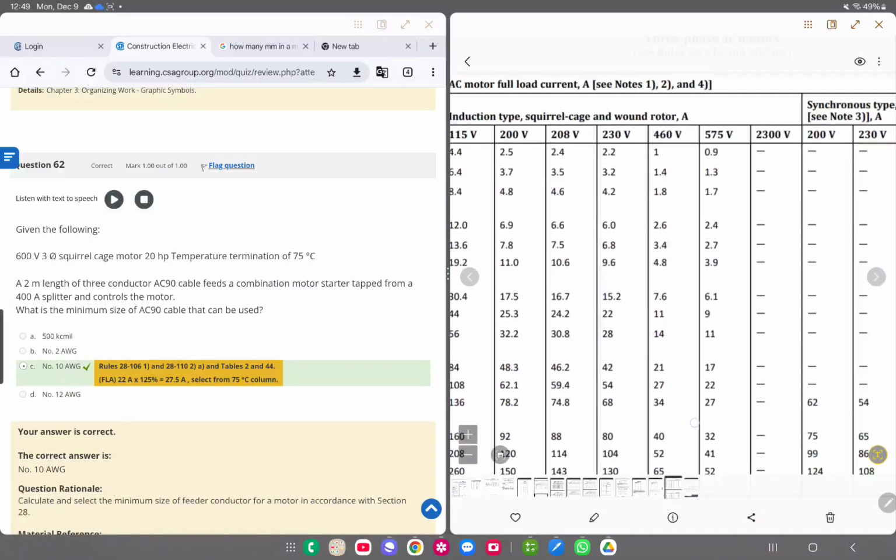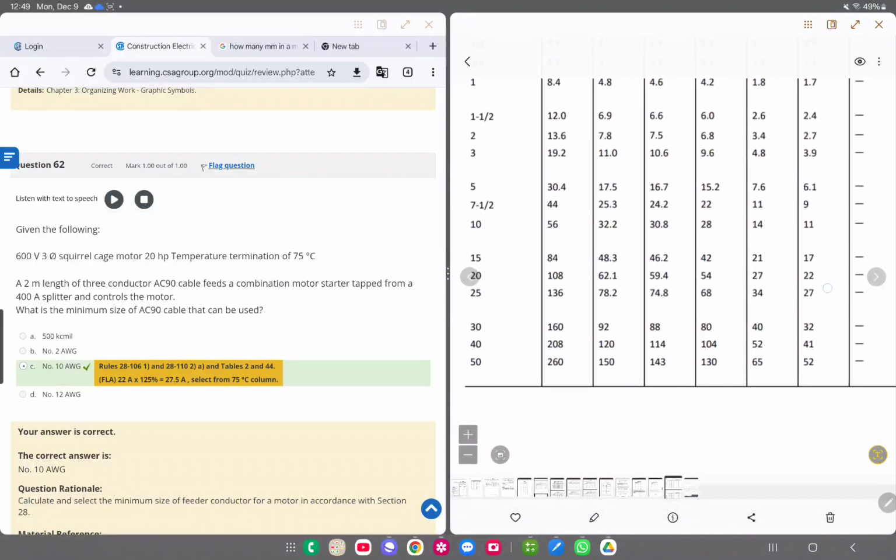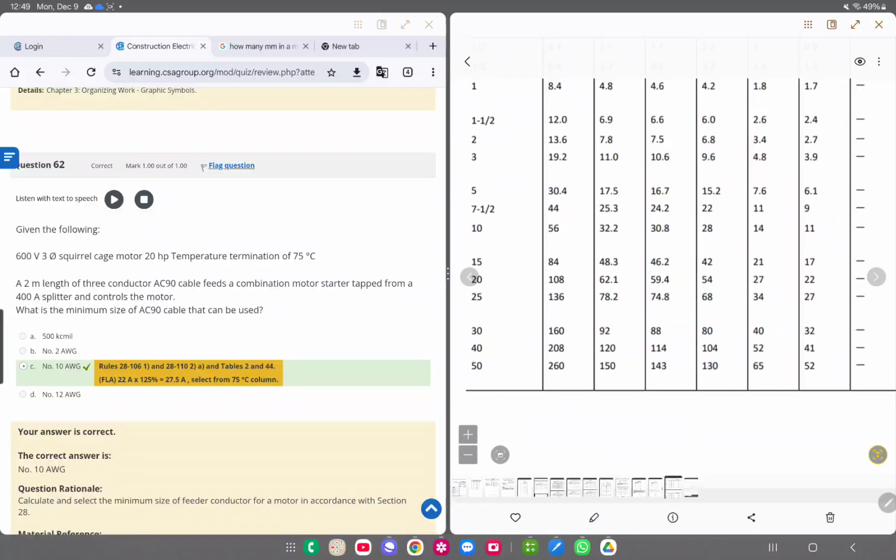Horsepower. It looks like this. It's 22 amps. Right? We got our 22 amps.